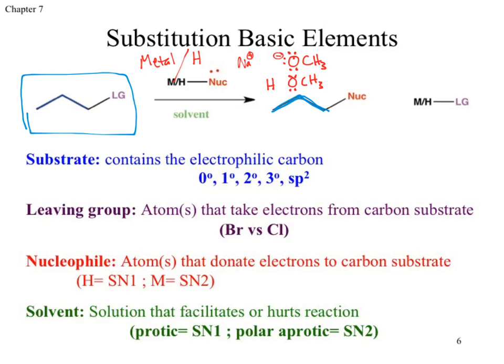We need a strong nucleophile. When we move to the solvent choice, we can classify solvents according to their particular characteristics, which we might talk about today in the short time we've got left. In an SN1 type reaction, we'll look at a protic solvent, and in SN2, we'll look at a polar aprotic solvent. Again, we'll talk about those definitions here in just a little bit.